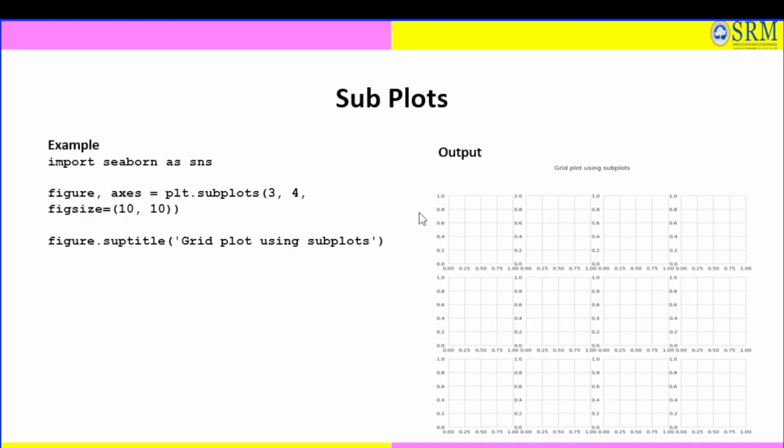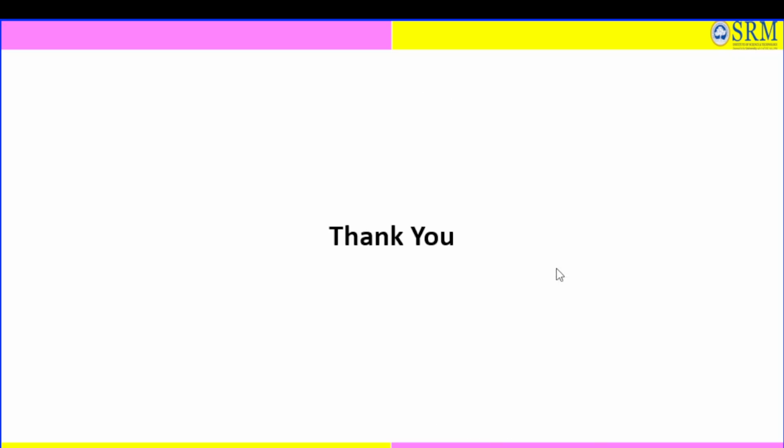Now we divide the entire region into 3 rows and 4 columns: 1, 2, 3, 4 columns, and 3 rows. In each plot you can have some set of plots, like I want to show a pair plot here, something like that. You can go for subplots. That's all about Seaborn. Thank you.